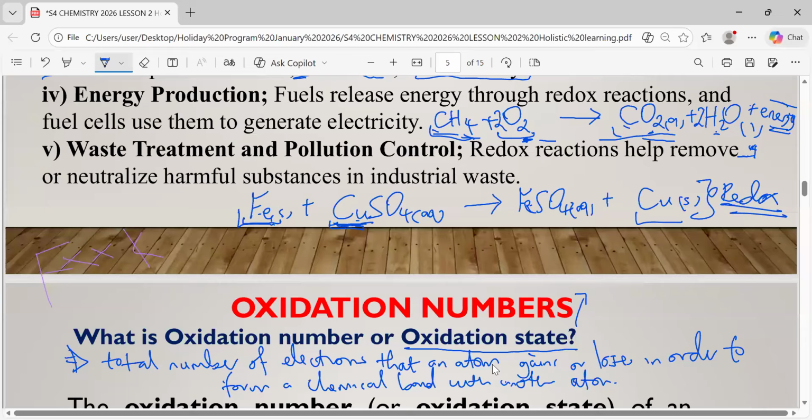Valence, I think, is the number of electrons lost or gained by an atom to become stable, or the combination power of an element. Okay, thank you. We shall be able to confirm your point.